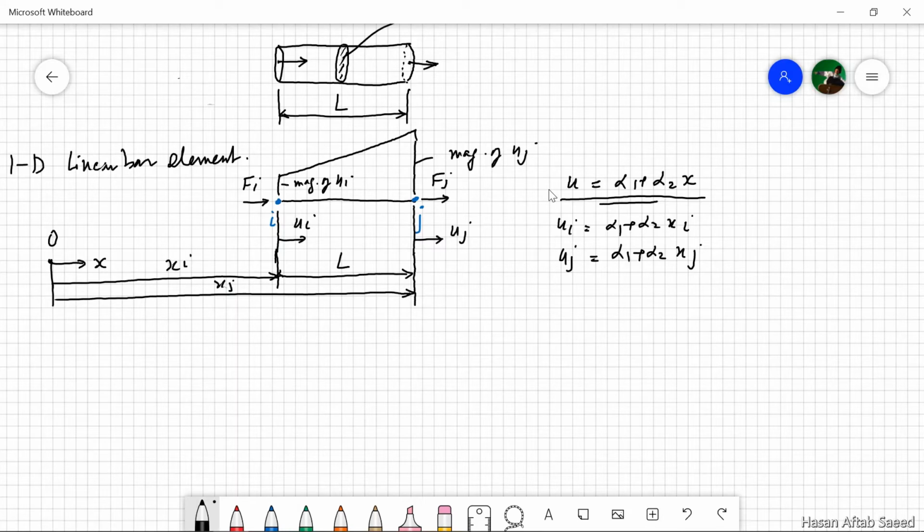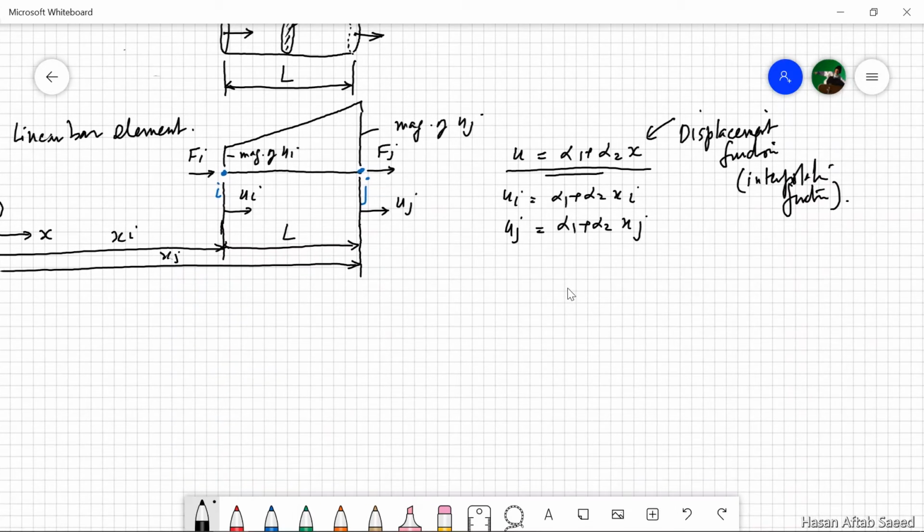Now, this is our displacement function or interpolation function. We have two equations with two unknown coefficients, alpha 1 and alpha 2.